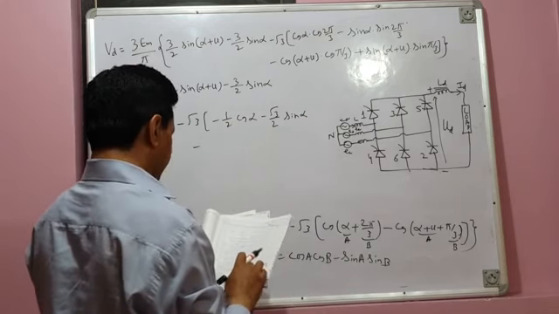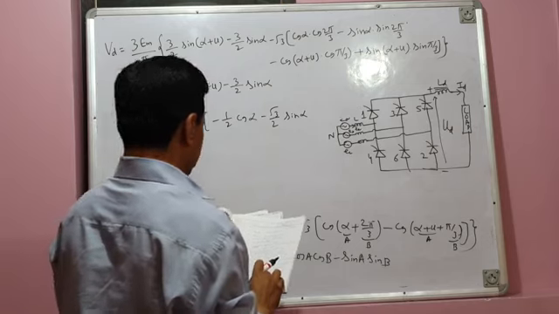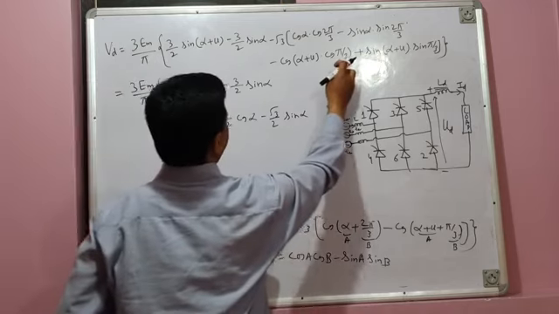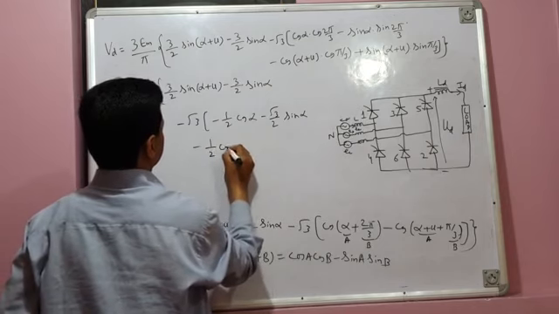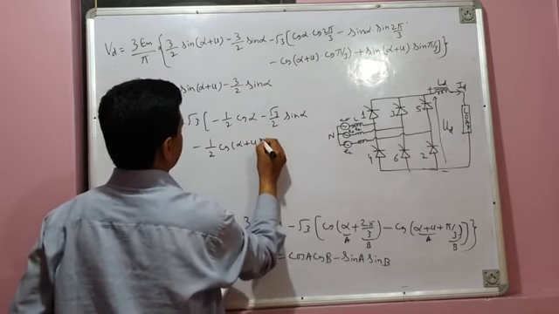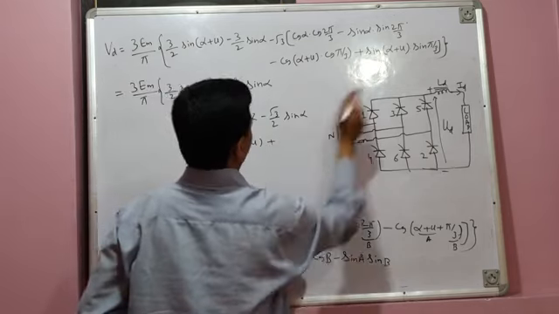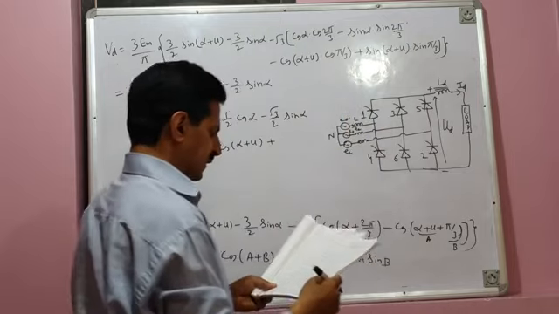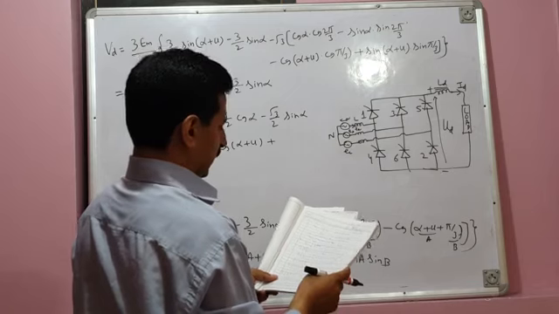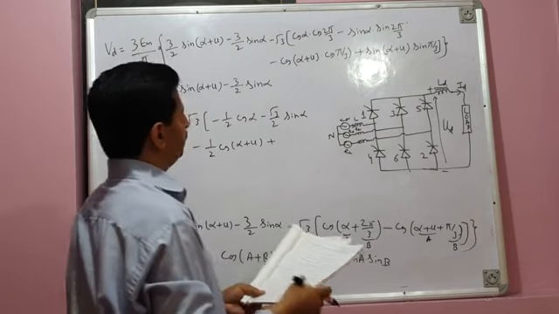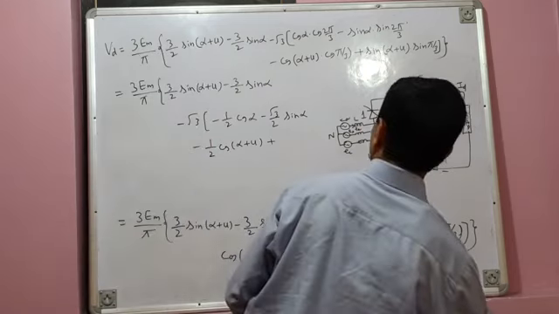Cos pi by 3 is 1 by 2, into cos of alpha plus u, and plus, what is sine pi by 3? Sine 60 degrees is root 3 by 2.